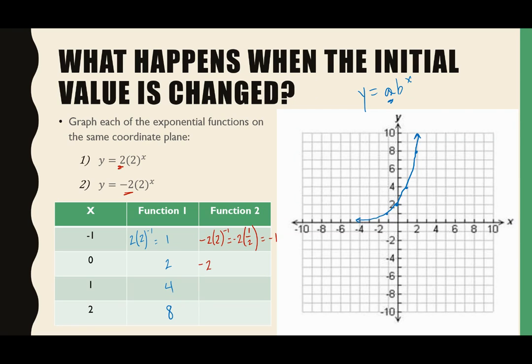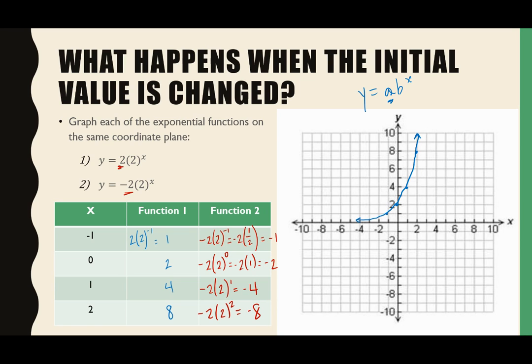So -2 times 2 to the power of 0, -2 times 1, -2. And then -2 times 2 to the power of 1 is -4, sorry. And then -2 to the power of 2 is -8.